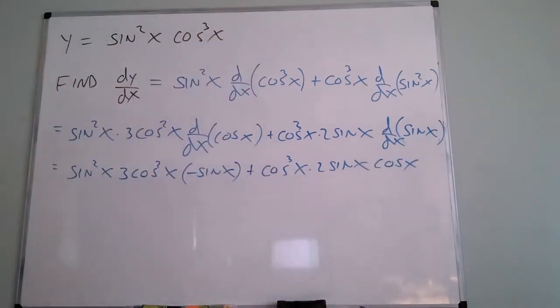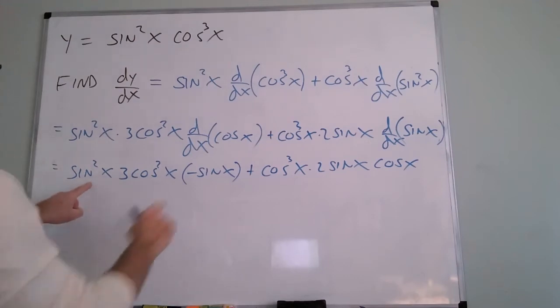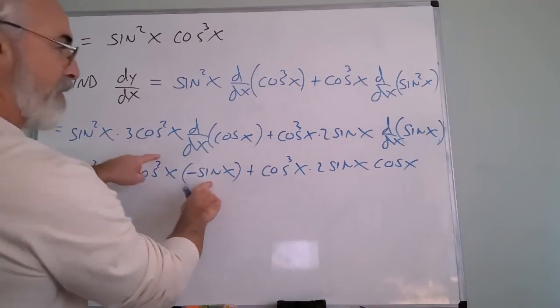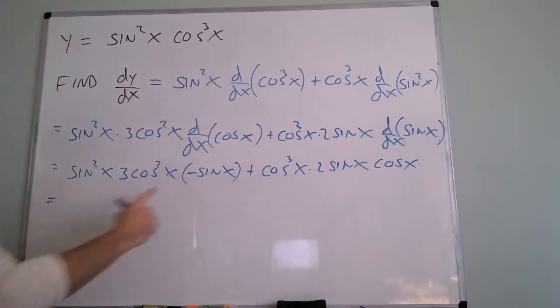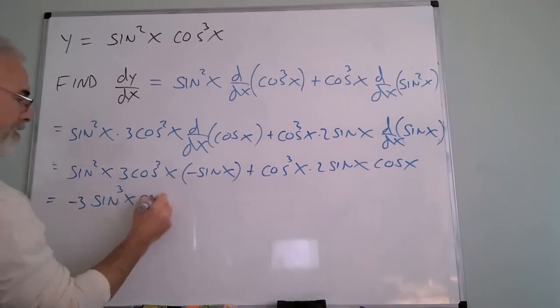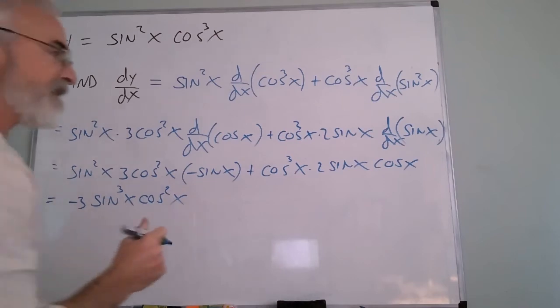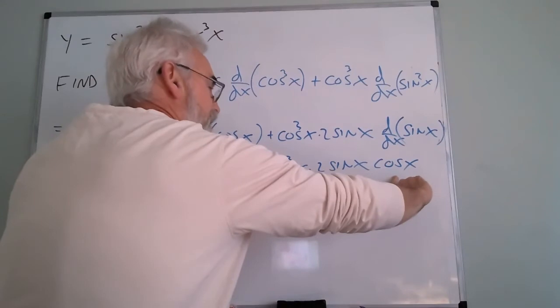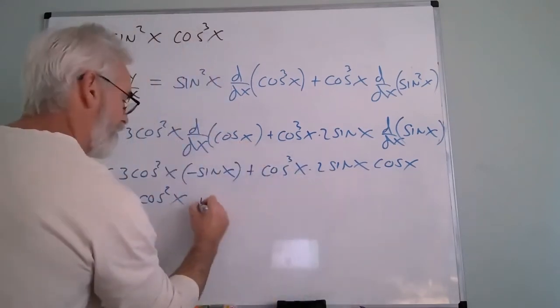Now we can put things together. On the left term, I have a sine squared times a sine, that would be sine cubed, times cosine squared, with a coefficient of -3. On the second term, I have a single sine, and I'll have cosine to the fourth with a coefficient of 2.